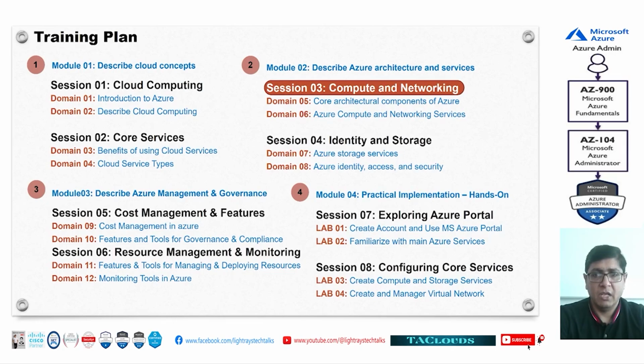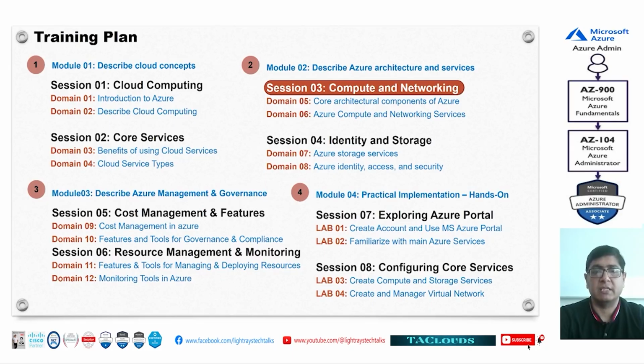This module introduces the core architectural components of Azure, and then we will explore how Azure is built physically with data centers, availability zones, and regions. Then we will shift to the organizational side, like how we can build resources, resource groups, subscriptions, and management groups. After that, we will have the core architectural concepts.